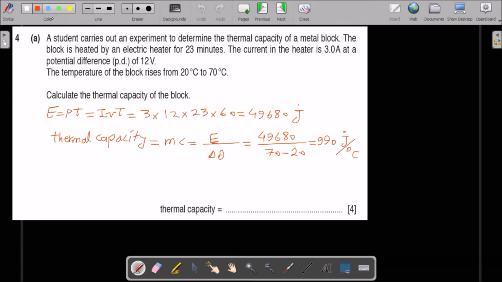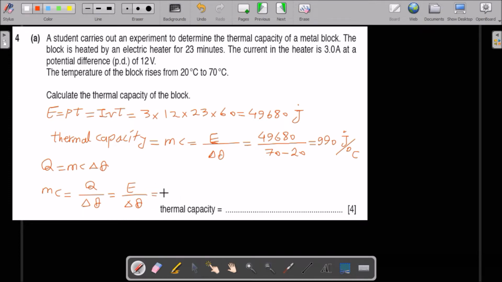Because as you know, heat is equal to mc delta theta. So thermal capacity is equal to Q divided by change of temperature. And instead of heat, you can write energy, because heat is a kind of energy. So you will get E divided by change of temperature.